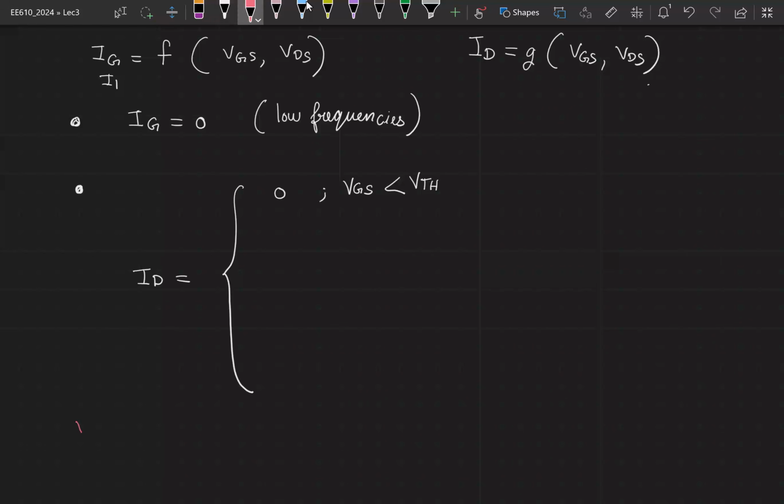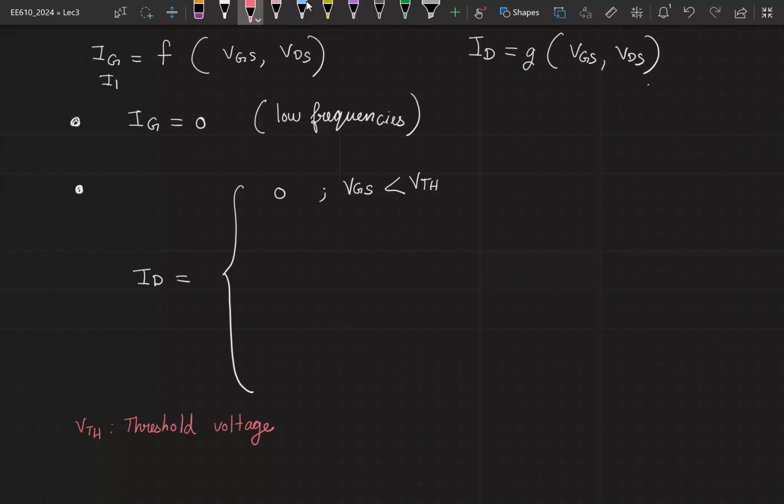This VTH is called the threshold voltage. Now, in the examples that we are considering, we will assume that the threshold voltage for an NMOS transistor is positive. This actually deals with a particular type of NMOS transistor called enhancement type transistors.